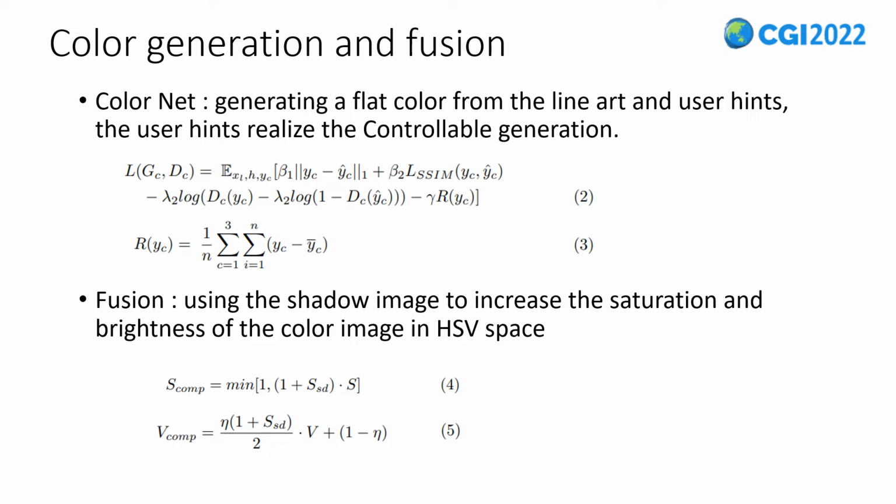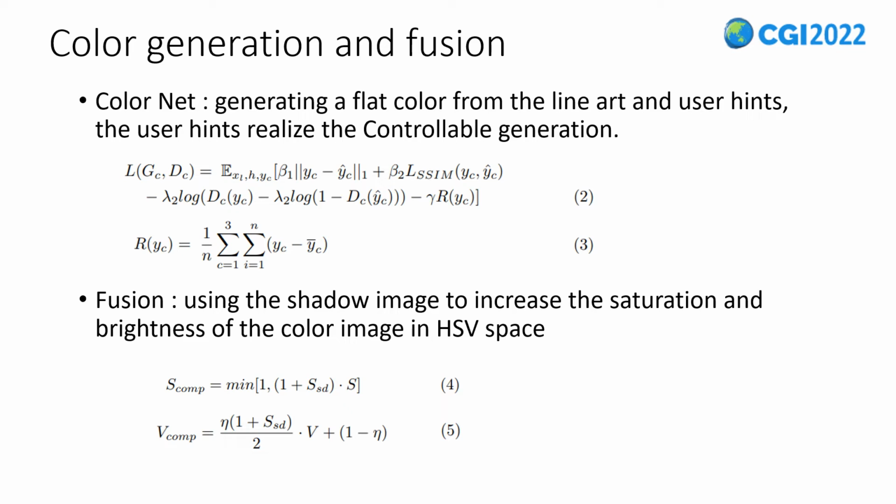The color net also has a GAN structure. Because we want to realize controllable generation, we introduce the user color hints. Our network recognizes different picture structures, such as hair, face, or hand. Under the guidance of the user hints, the network pins the flat color on the same part of the line art.